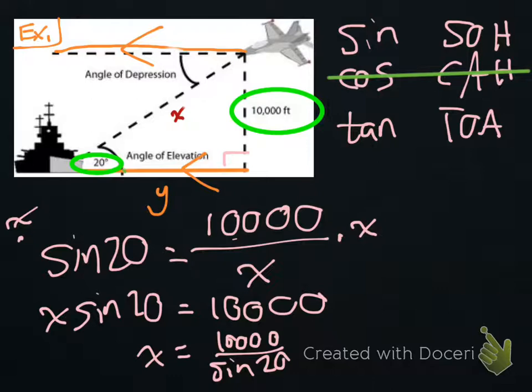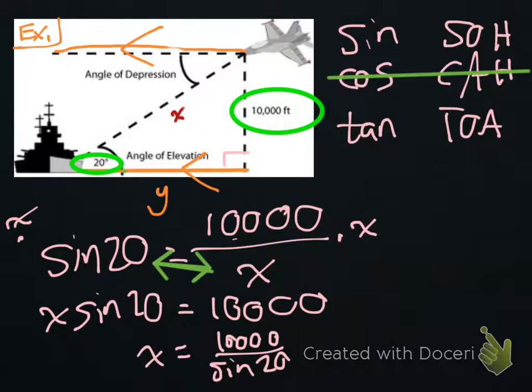If you notice a pattern, the x and the sine 20 just switch places. We started with sine 20 equals 10,000 over x, and we finished with x equals 10,000 over sine 20. That would be your exact answer, if it's not looking for rounding to the nearest hundredth or whatever it is.